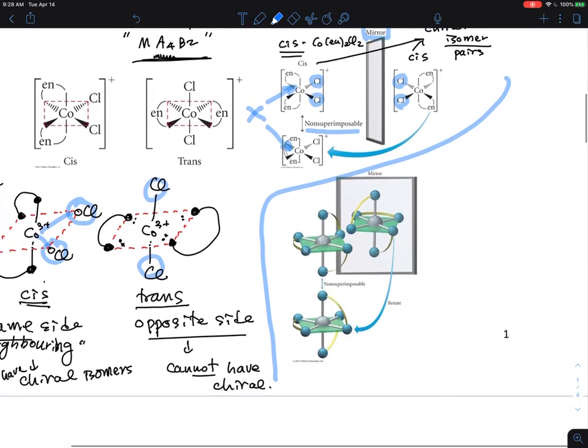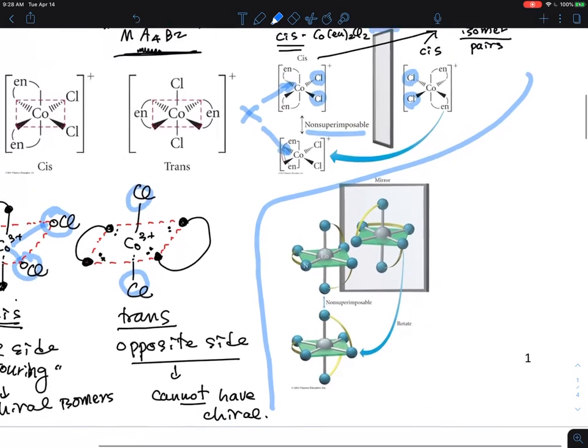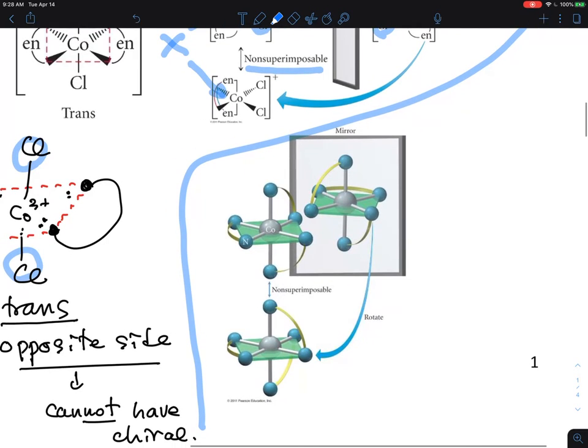And this is another picture, from your class slide that I found. This is cobalt with essentially diethylenediamine. There are three of them. Okay, so those are the complexes.